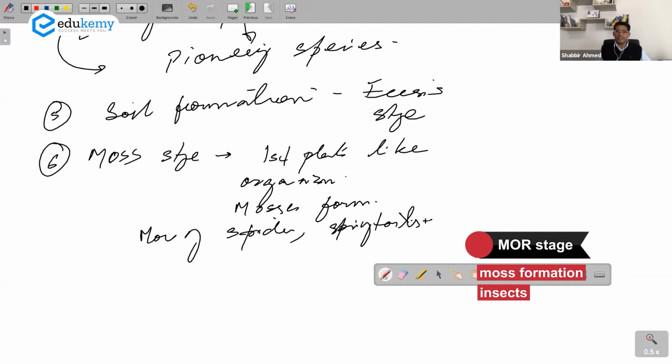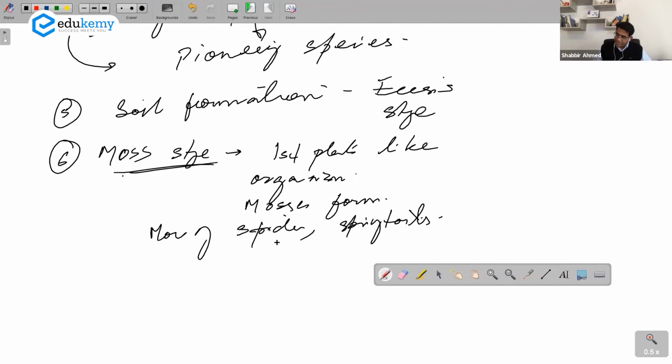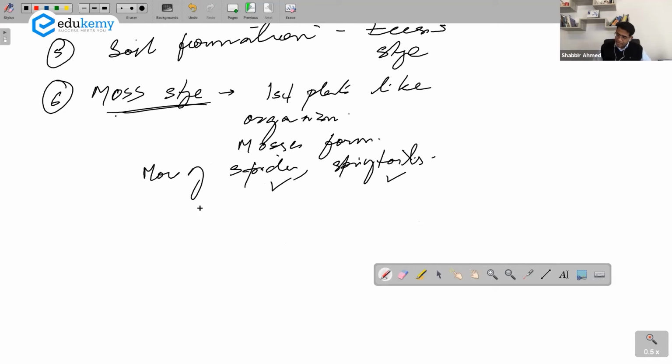I do not know more than that, if you ask beyond this I'll have to give up. They are non-vascular, correct. The moss stage, along with spiders and springtails, small insects.